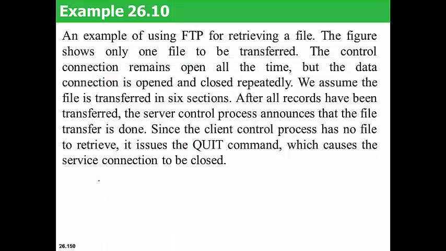Okay, so let's see an example where you're trying to retrieve a file. There's just one file to be transferred, but I want to tell you certain things about the types of files. A file can be of several types.